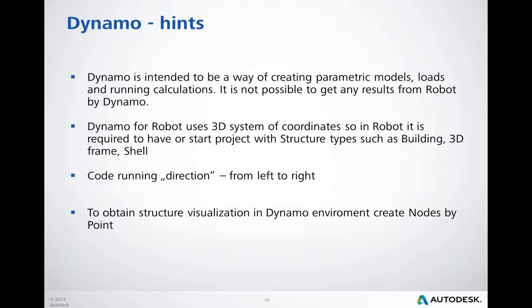Code running direction in the Dynamo is from the left to right, so we have to properly place our items on the Dynamo environment to make it running from left to right. To obtain structure visualization in Dynamo environment, create nodes by points, not by coordinates.